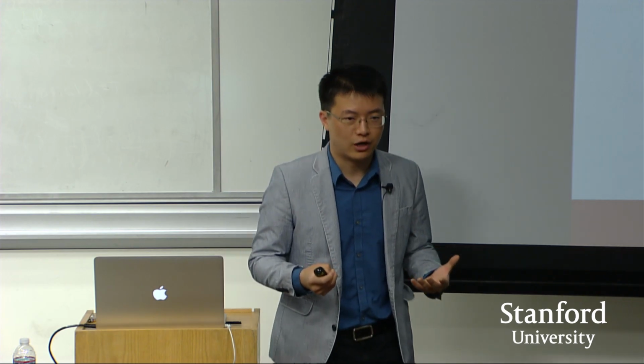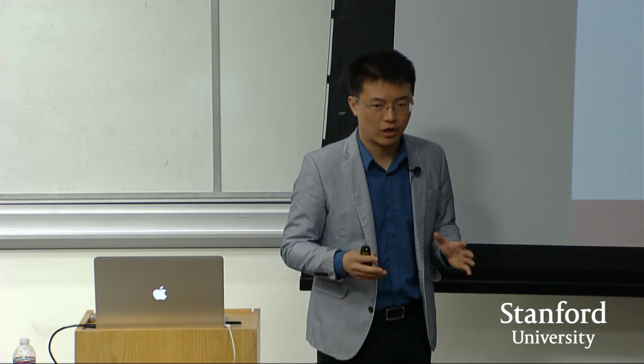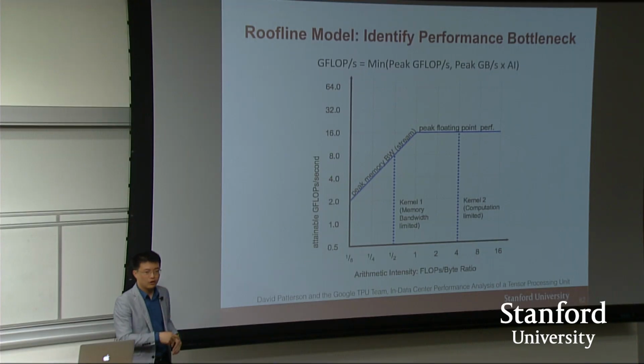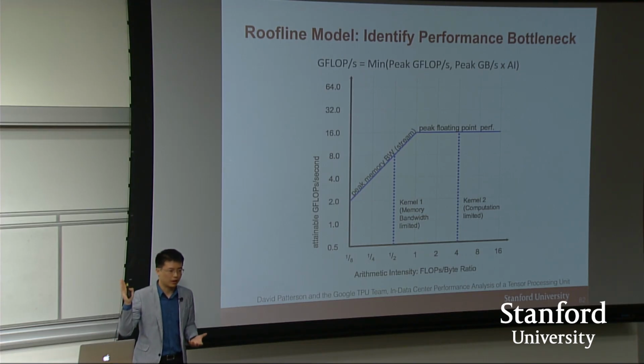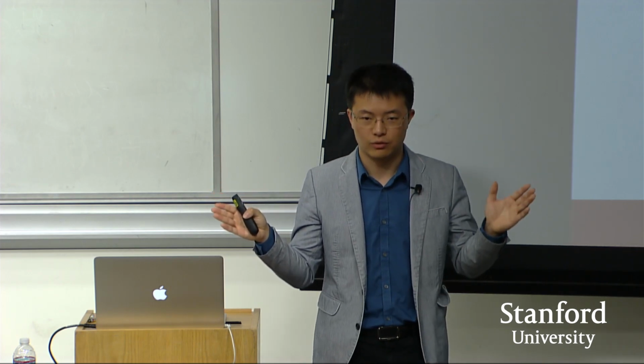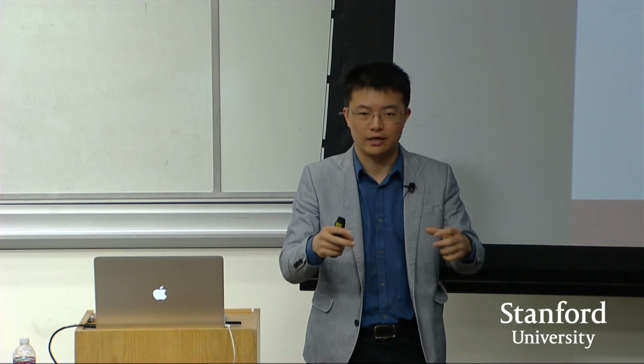Remember just now we saw they have 90 teraops per second. But what number of teraops per second can actually be achieved? This is a basic tool to measure the bottleneck of a computer system, whether you are bottlenecked by the arithmetic or by the memory bandwidth. It's like if you have a bucket, the lowest bar of the bucket determines how much water you can hold.